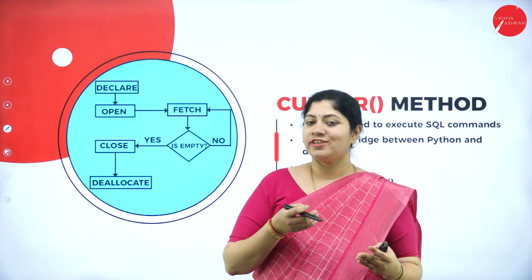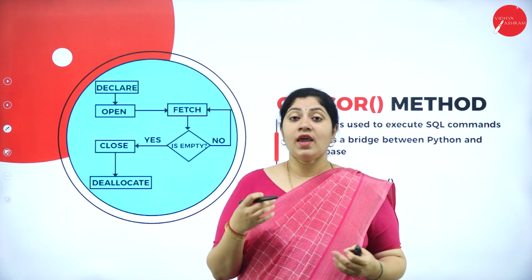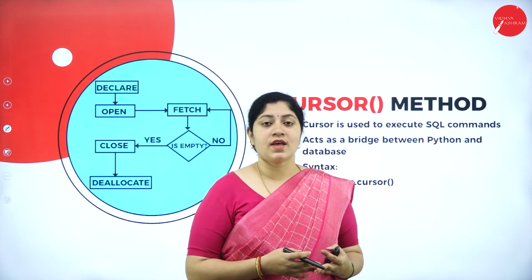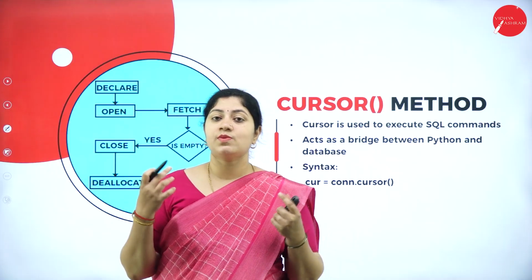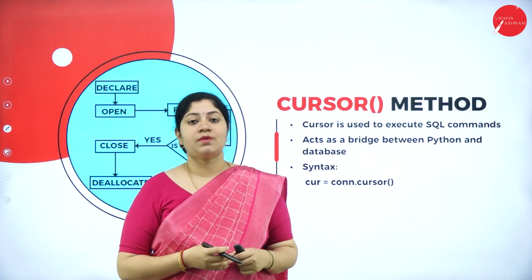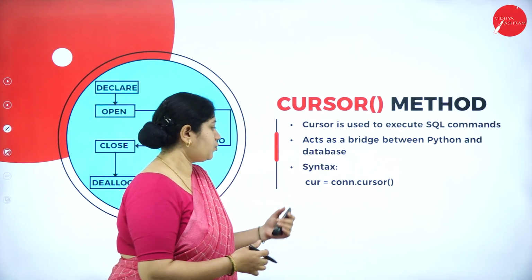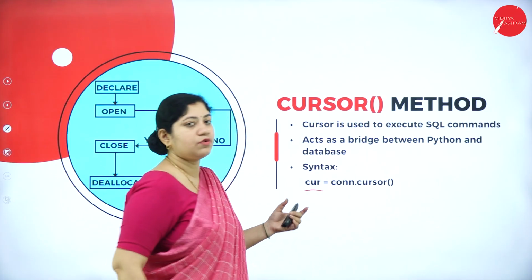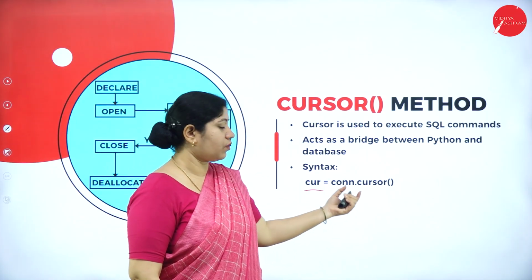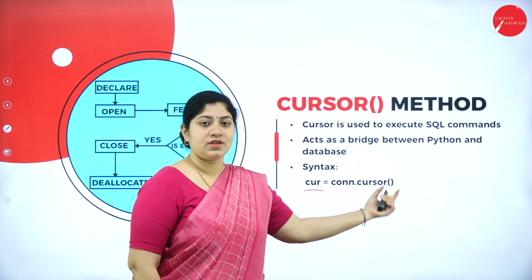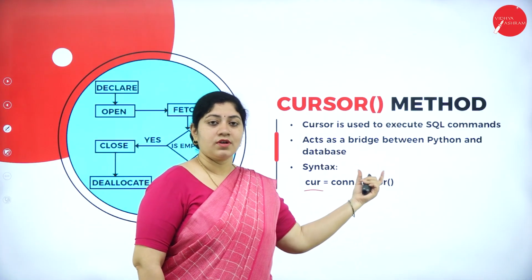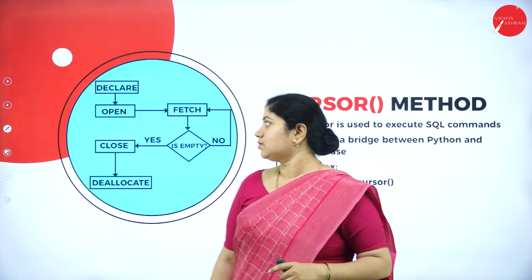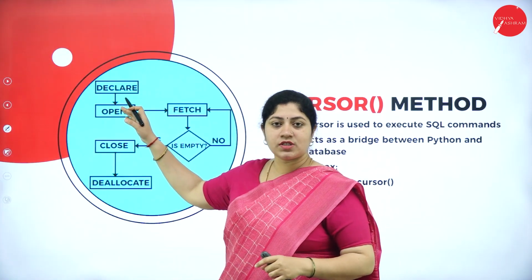Cursor, as we know, is utilized to execute SQL commands, and it often acts as a bridge between Python and SQLite databases. The simple syntax is like this: cur is an object that has been created with connect.cursor(). So this is the simple syntax for a cursor. Over here we can observe that we have a declaration statement.